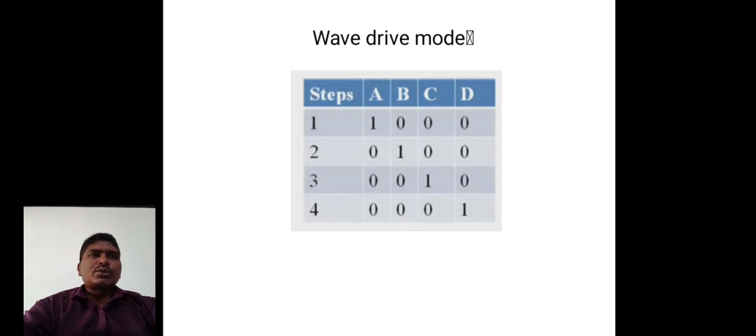Wave drive mode produces less torque compared to full step mode, but the power consumption is very low in wave drive mode.